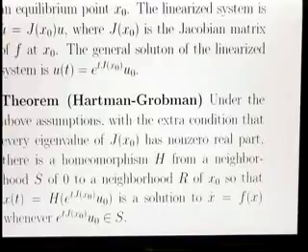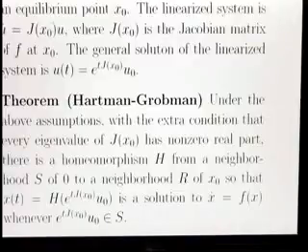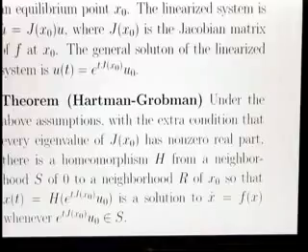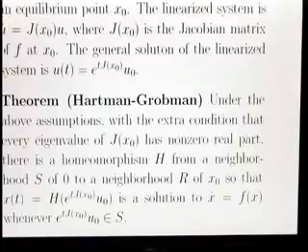You consider the linearized system, which is u dot is equal to the Jacobian matrix of f at the equilibrium point times u. You can write down, at least in principle, the solution explicitly for the linearized equation. It's just in terms of matrix exponentials. So this is the solution to the linear equation.